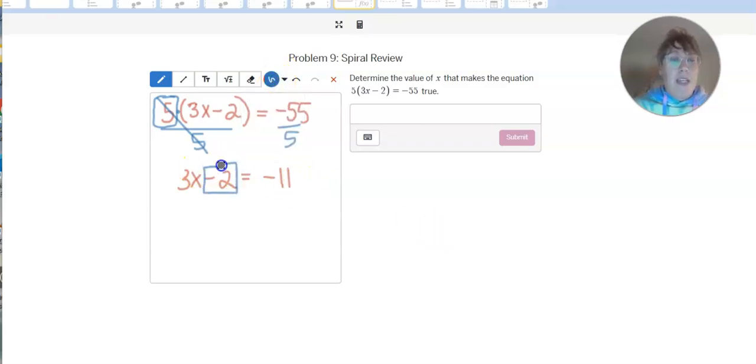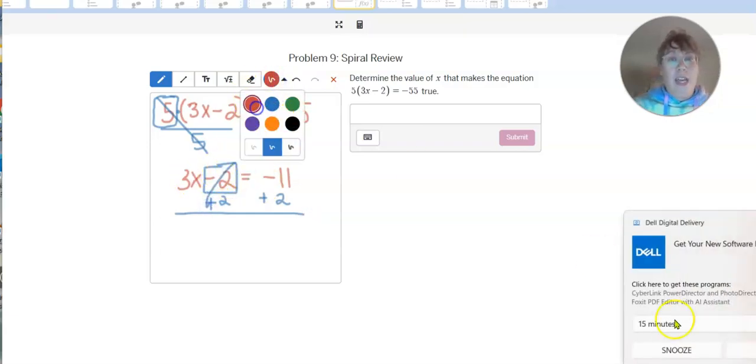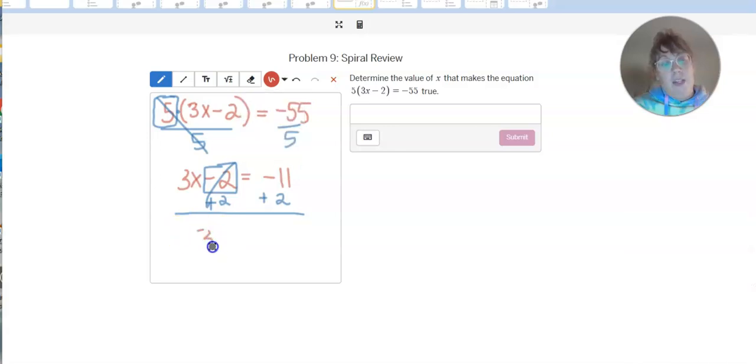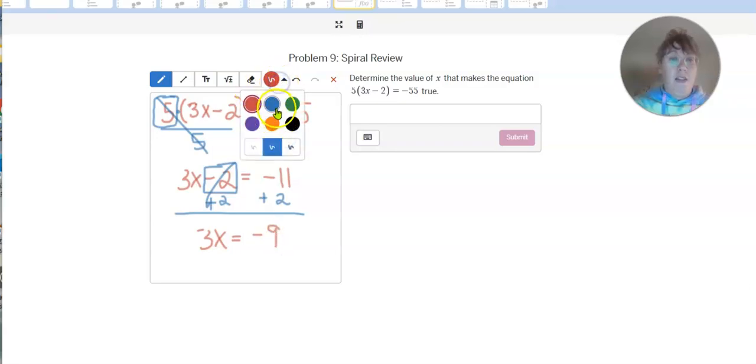Now we're going to move this negative 2 to the other side by doing that opposite operation and adding 2 to both sides. Negative 2 plus 2 will cancel, and then we just have 3x equals negative 11 plus 2 gets us negative 9. And then our final step is to divide both sides by 3.